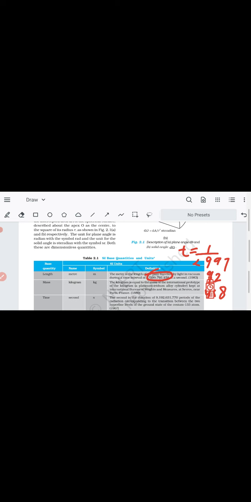Okay, now moving to the next one, that is mass, and its unit is kg. What is the kg? The kg is actually a cylinder made up of platinum and iridium.